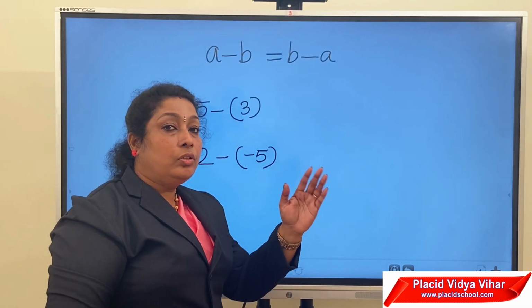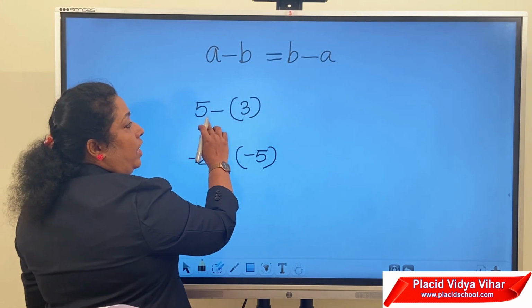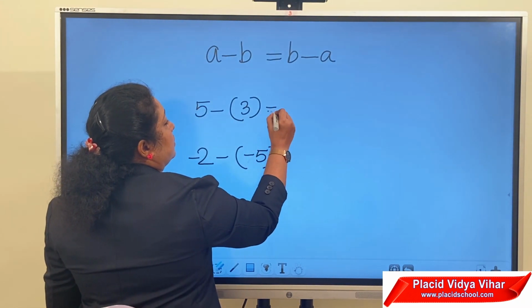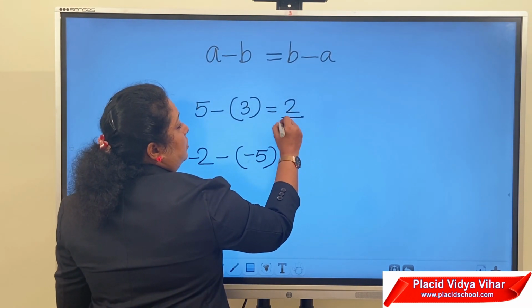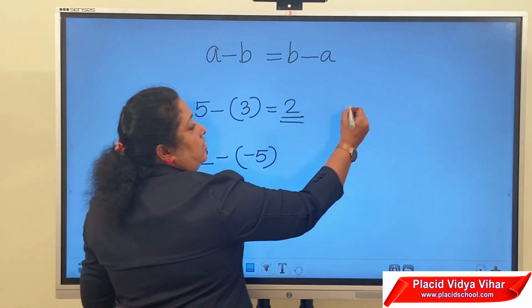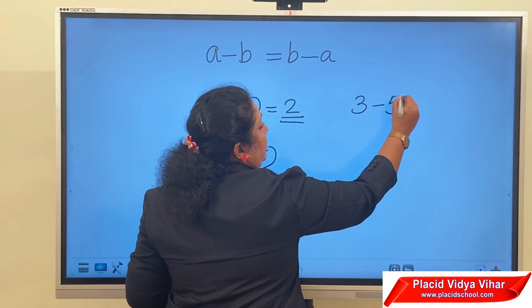Now let's check for subtraction. That is, a minus b is equal to b minus a or not. We can check using examples. Look, here are two examples. First, a minus b, 5 minus 3. The answer is 2. The reverse order, b minus a, that is 3 minus 5.